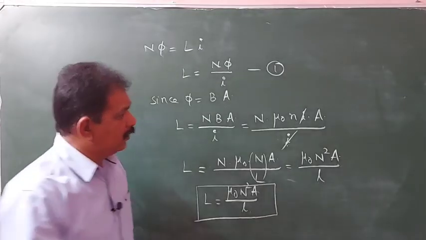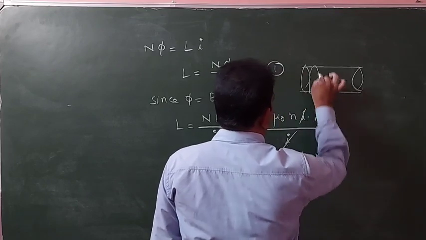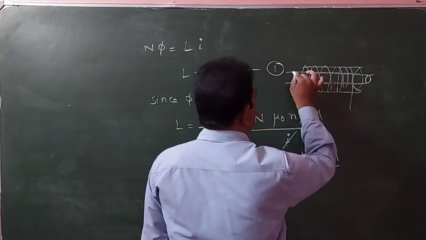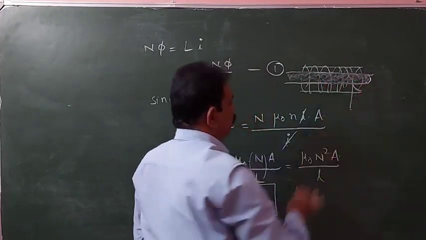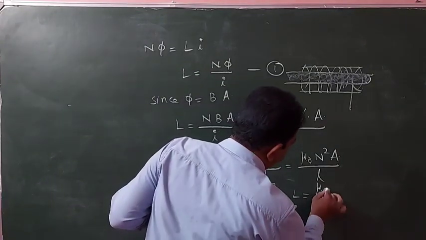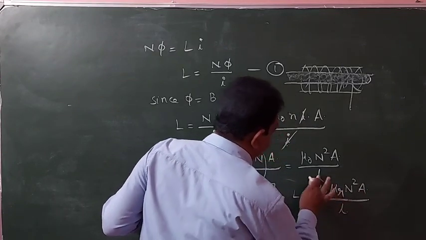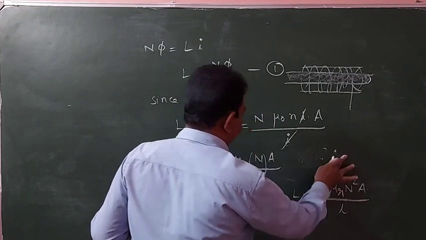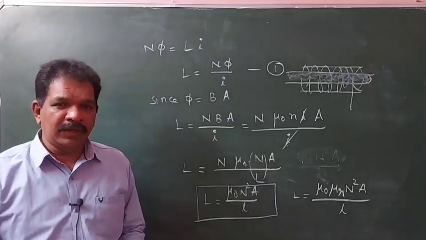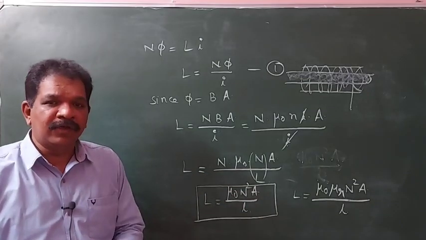If any material is placed inside the solenoid, say I inserted one metal rod in it, then this L value will be equal to mu naught mu r N square A by l. This is the self-inductance of a solenoid.